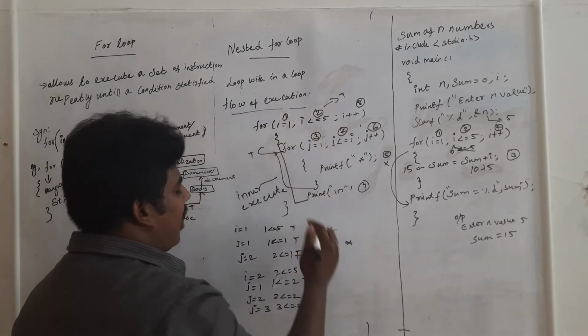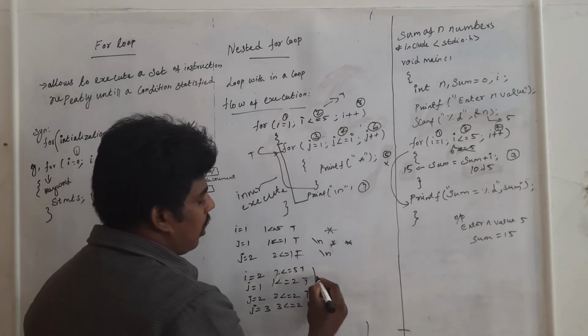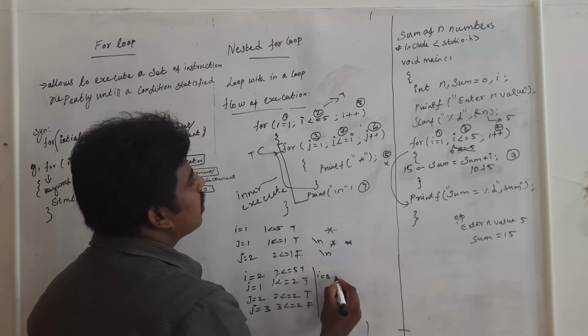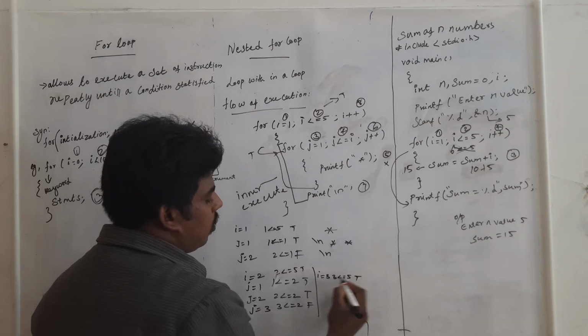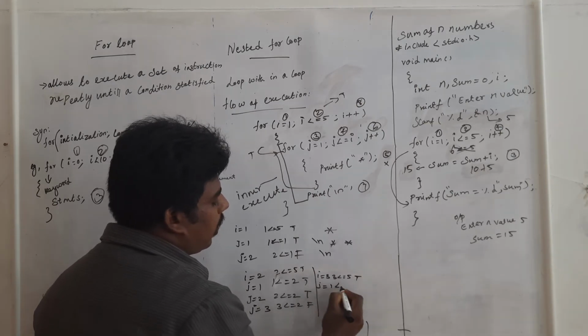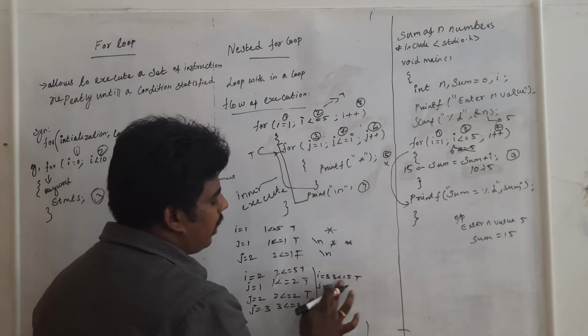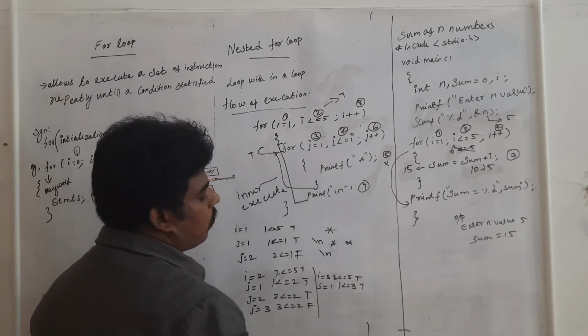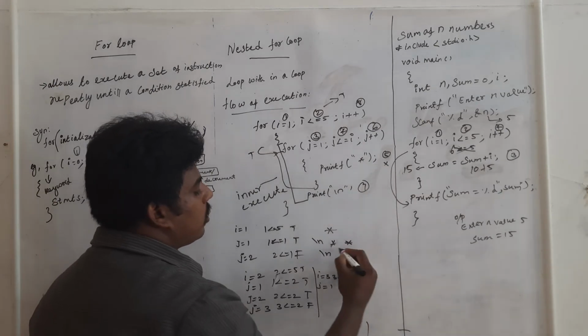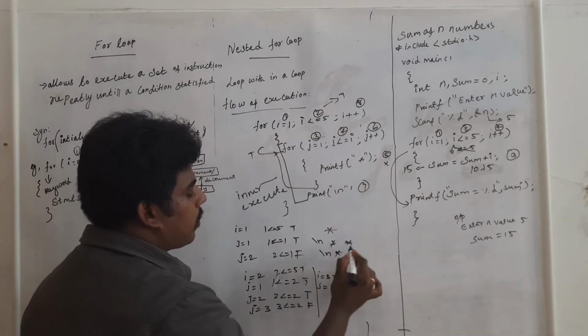So now i value is 3. Now i equal to 3, 3 less than equal to 5, condition is true. So j equal to 1, 1 less than equal to 3, condition true. So 1 star will be printed.